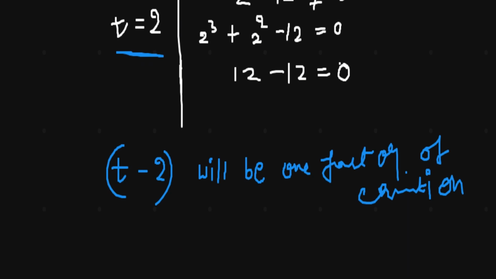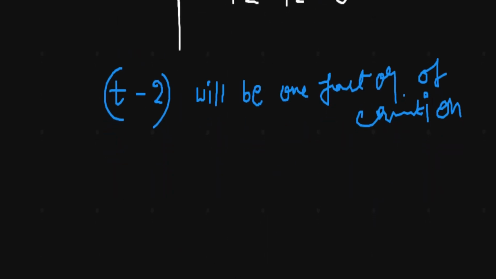So again here we are writing the equation t cube plus t square minus 12 is equal to 0 here.